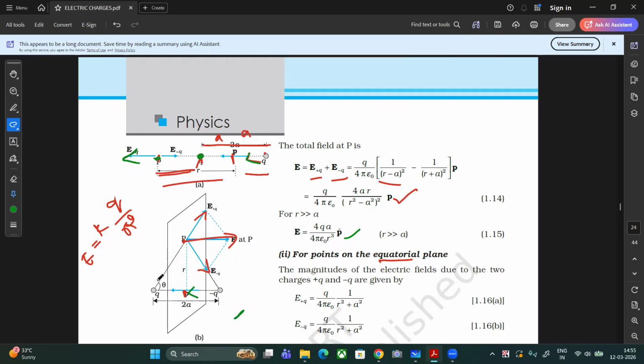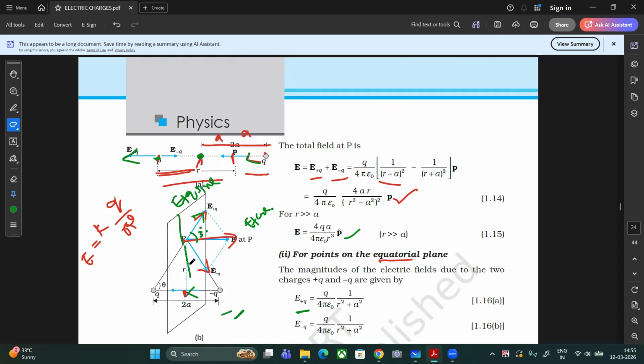Next, in the same way you find the positive charge electric field and the negative charge electric field, and just add those values. But here each makes some angle with the vector. So it is resolved into two components, E plus Q sine theta and E plus Q cos theta. Then it forms a triangle, so the angle is 90 degrees.